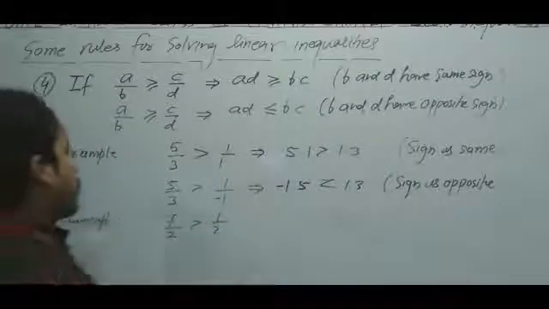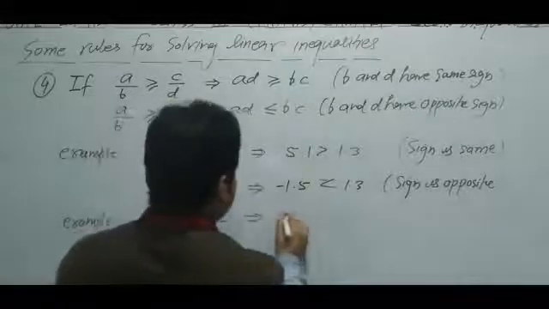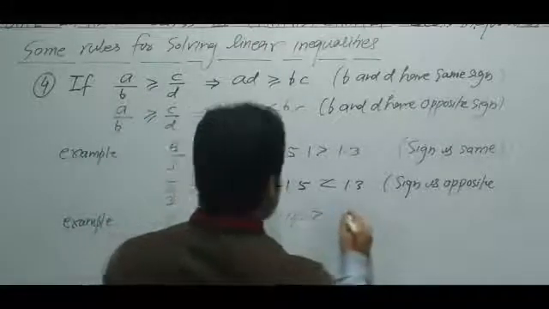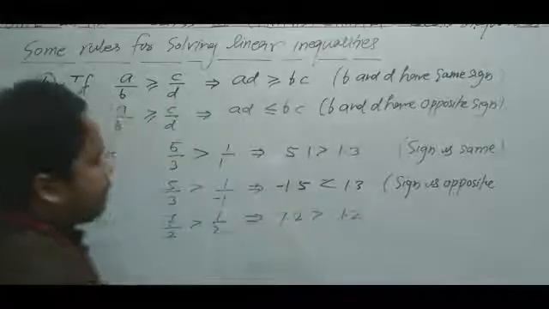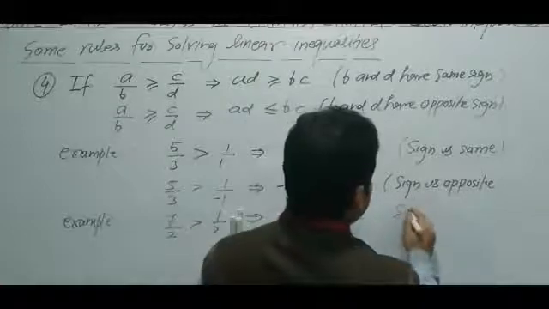This implies 7 into 2 is greater than 1 into 2, and this is 14 is greater than 2. Same sign.